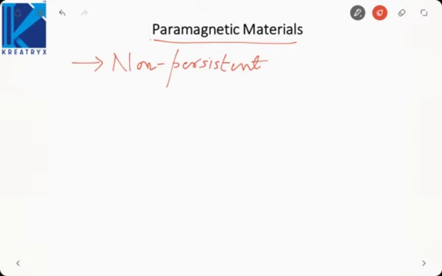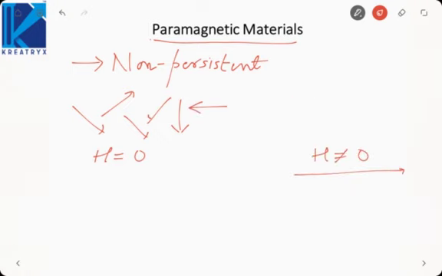Before the magnetic field is applied, when H is 0, the dipoles will be oriented in random directions. But as soon as you apply H, let us say towards the right, the dipoles will be oriented in the same direction. The only difference between paramagnetic and diamagnetic is that dipoles are oriented in the same direction for paramagnetic material and in the opposite direction for diamagnetic material.